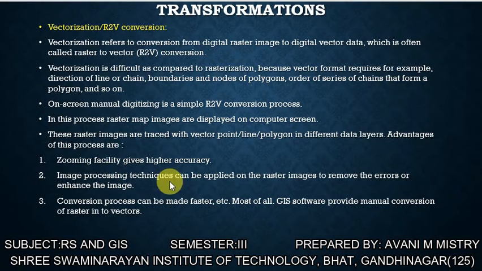Image processing techniques can be applied on the raster images to correct the errors or enhance the image. The conversion process can be made faster, etc. Most of all, GIS software provides manual conversion of raster into vectors.